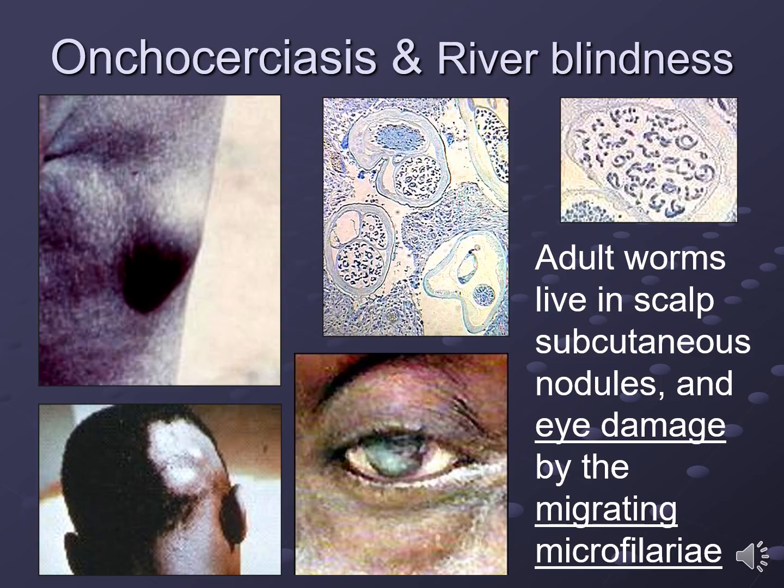As they cross through the eyes, of course, they are microscopic structures. They are very tiny, very small, but by thousands, microfilariae larvae cross through the eye, the anterior chamber, the cornea and the lens, and the posterior chamber, the retina and choroid.